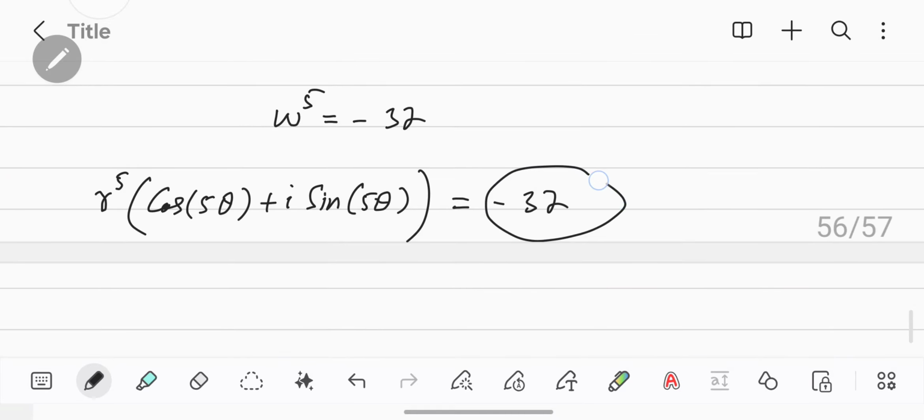You can also find the polar form of this complex number. Since I have explained in the previous video, if you are given a complex number, you can easily find its polar form.